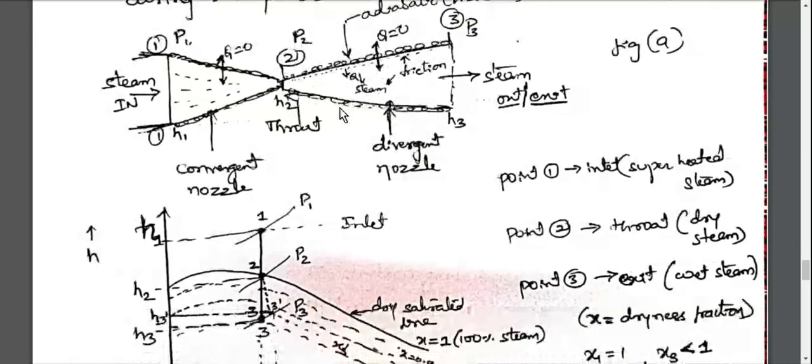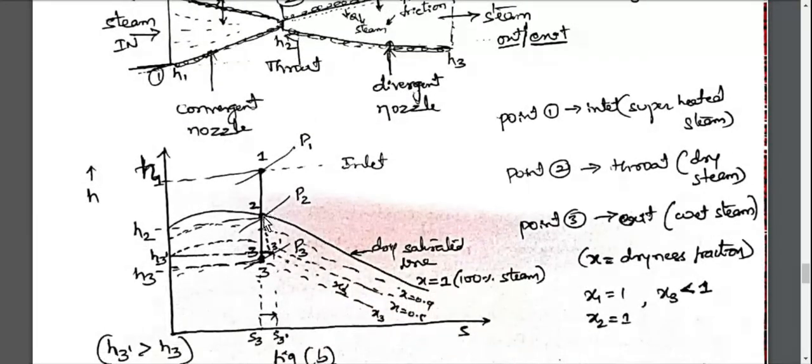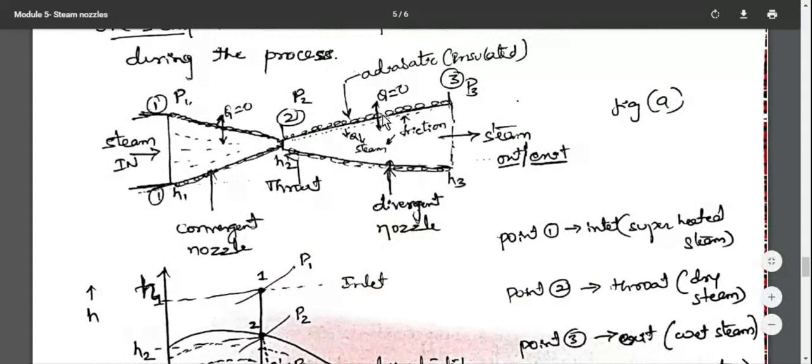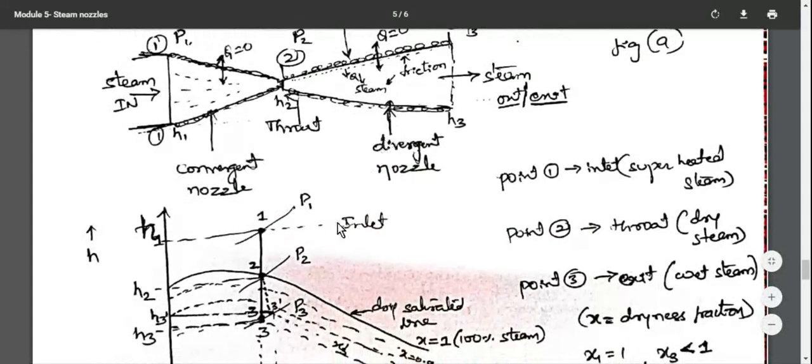Here, point number 2 to 3, which I have represented vertically, is isentropic flow. If the expansion process is exactly vertical, then it is isentropic flow, that is, friction is not considered. But due to the presence of friction inside the divergent nozzle, the enthalpy increases.